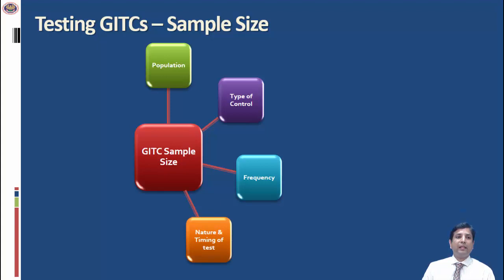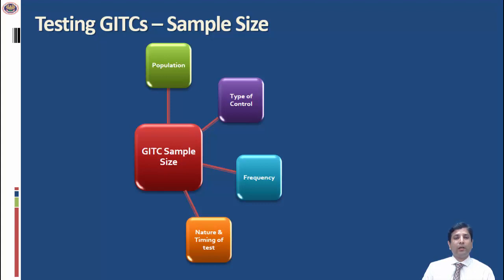Another factor to consider is the nature and timing of test. So what is the type of test that we are going to perform? So we have 4 types of test when testing any type of control. That is inquiry, examination or inspection, observation, and reperformance.